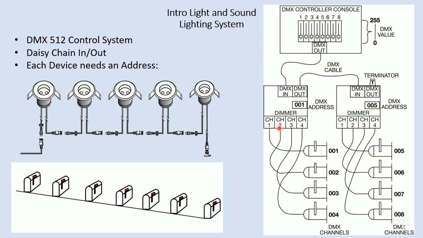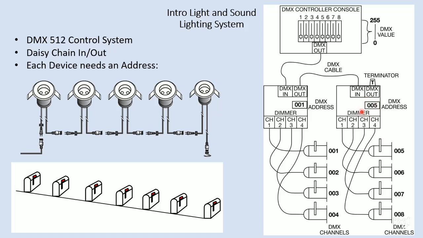So dimmer number 1 on this dimmer pack corresponds to DMX address 1, 2 to 2, 3 to 3, 4 to 4, and so on. Our second DMX device is going to want a starting address of 5 so that its first dimmer corresponds to 5, and its second dimmer would correspond to 6, its third dimmer to 7, and its fourth dimmer to 8. And that way we have individual control of all of these.